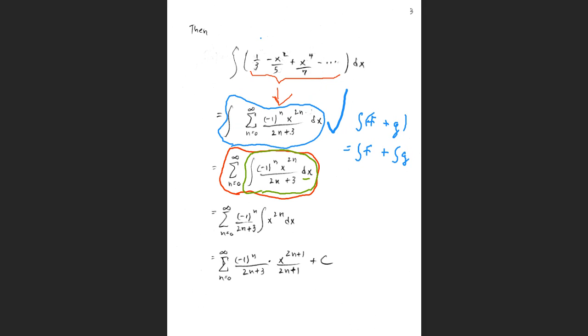But the integral is with respect to x. So the (-1)^n over 2n plus 3 can be brought out in front of the integral. Indeed, it can, because the integral is with respect to x. And the antiderivative of x^(2n) is x^(2n+1) over 2n plus 1.